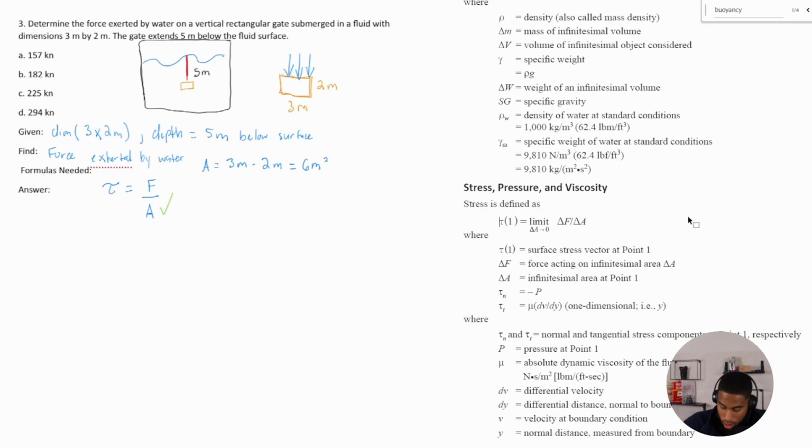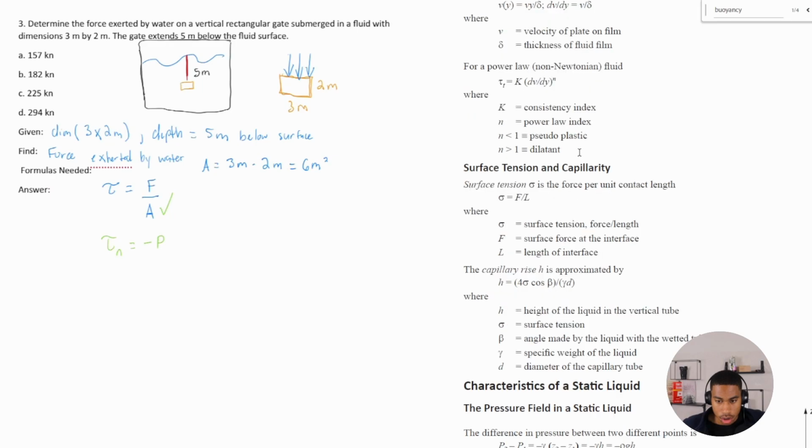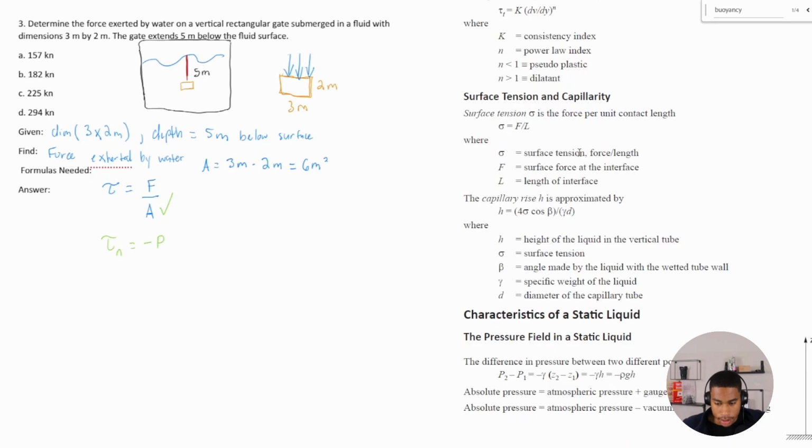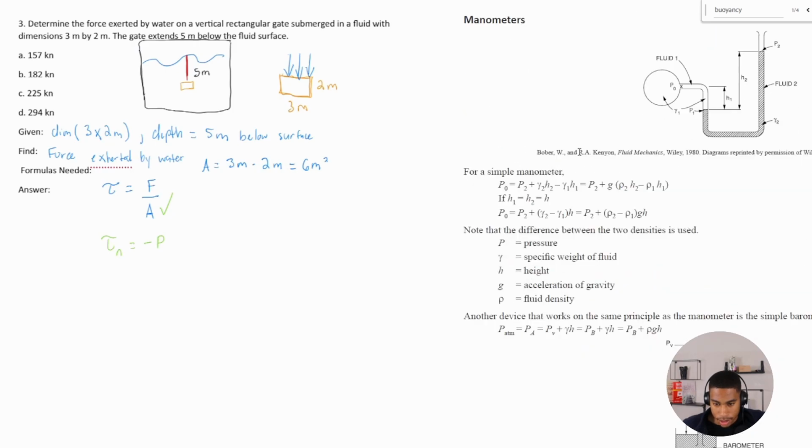And so from our formulas, we see that the normal stress, or T sub n, is equal to negative P. Well, what's P? P is pressure. And how do we get pressure?